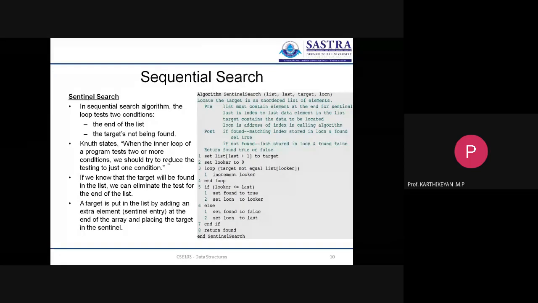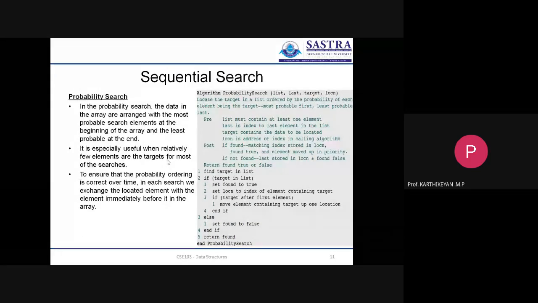And what is the second variation? Probability search. In probability search, suppose an element is searched frequently, in such a case we try to increase its probability. Suppose an element is searched; next time we change its position one position ahead, toward the beginning.